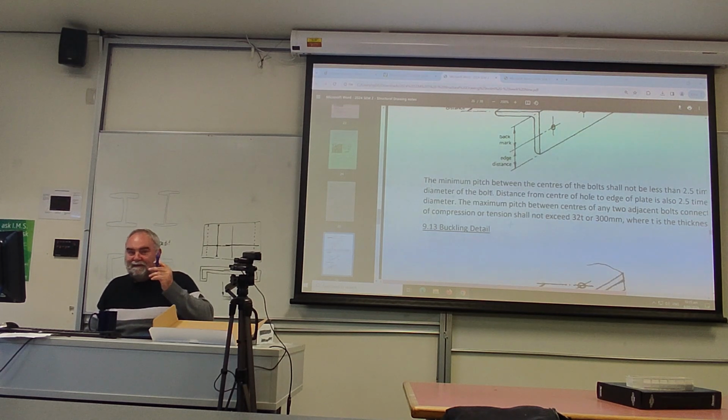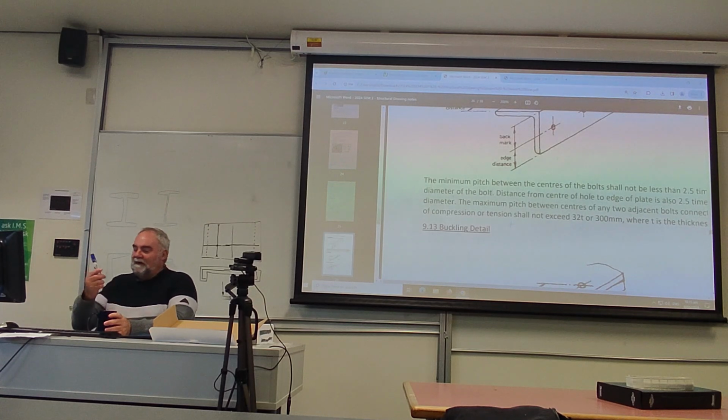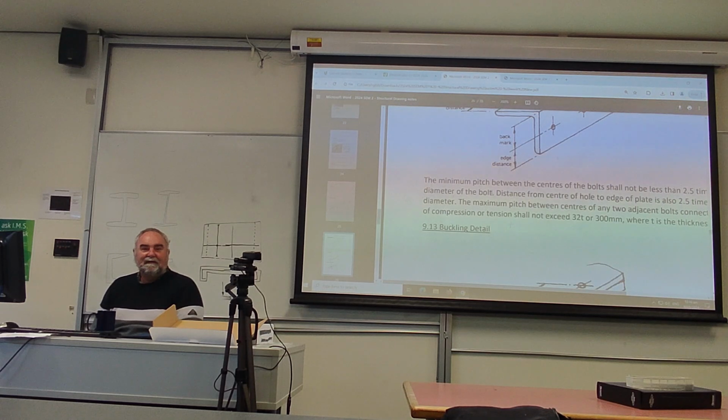hoping you answer this, because you're only allowed a maximum of half a mark on every assignment. So you become my friend for this one. You've got a bolt here, and it goes into a hole. The bolt's 16 millimetres. What's the diameter of the hole on a steel? You would like to have a guess?